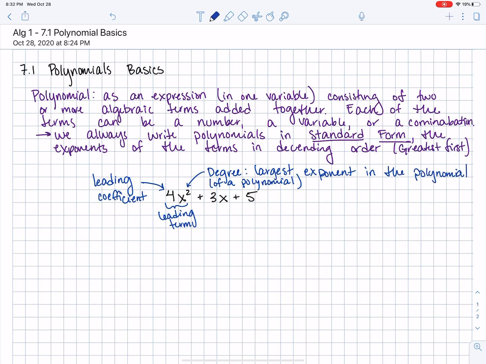So this has the largest exponent of 2, meaning it has a degree of 2. Now the last part that we talk about in polynomials is that last number at the end. It's called a constant, and it doesn't change whatever number x is, it's constantly going to be there. It's at the very end. This one is 5.